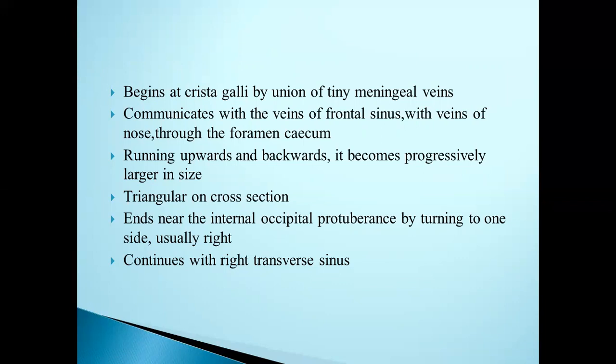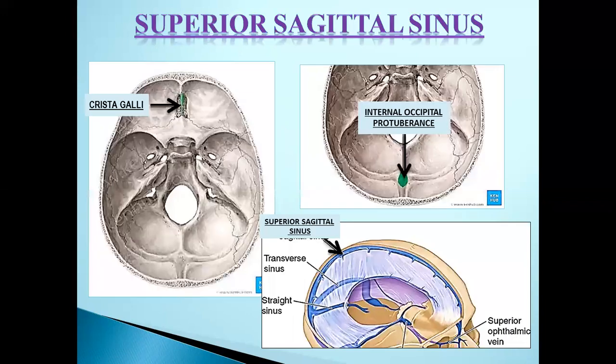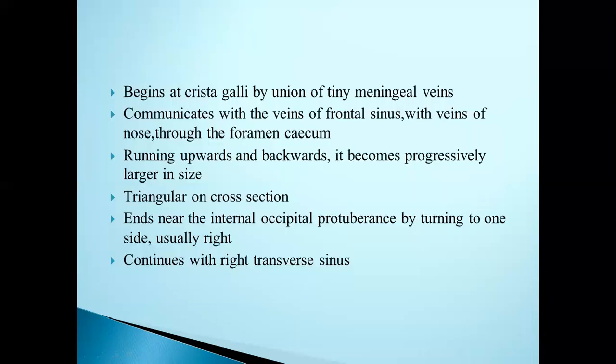It is triangular in cross section. If you see here, the C-shaped arc becomes larger posteriorly. It ends at the internal occipital protuberance, turning to the right side, where it becomes the right transverse sinus. So it is getting connected with the transverse sinus.